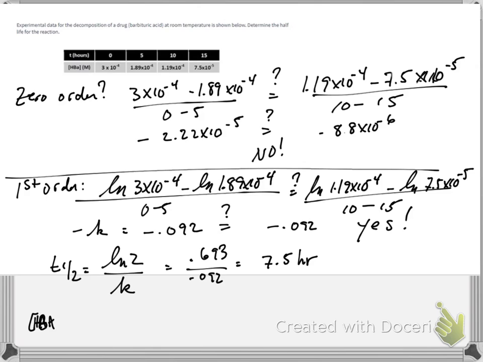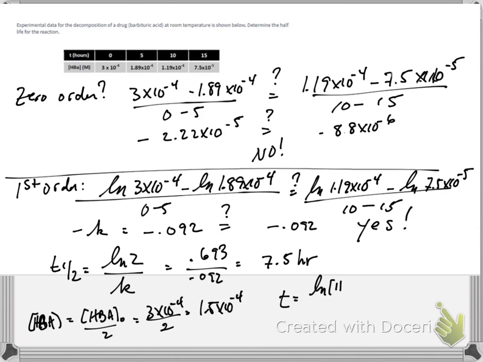If we go the other route where we don't use the formula and we just say, okay, we know the initial concentration, we want to know how much time it takes to get to half of it. So we take 3 times 10 to the minus 4 divided by 2, get 1.5 times 10 to the minus 4. Now we can solve for time using the integrated rate law. Since we know now all three of these values, we plug in the ln of 1.5 times 10 to the minus 3.